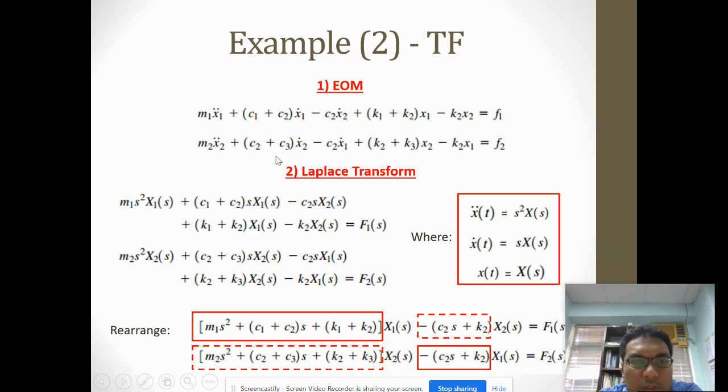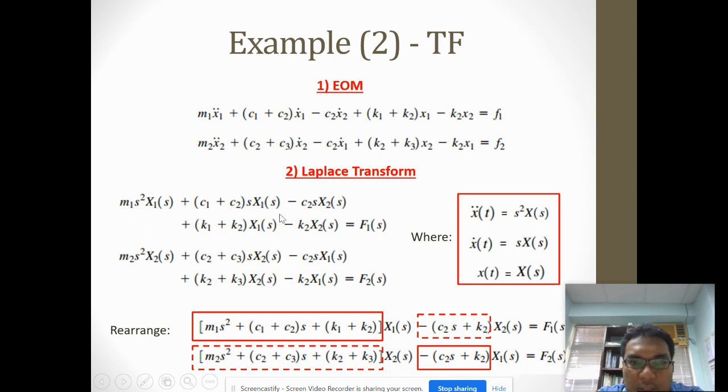Same goes to the second for the mass number 2: you have m x2 double dot for the acceleration, velocity, and finally displacement.